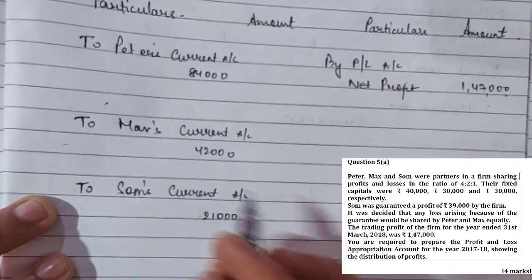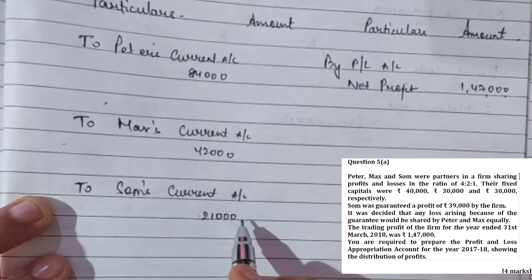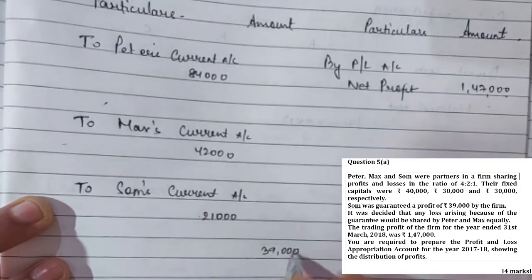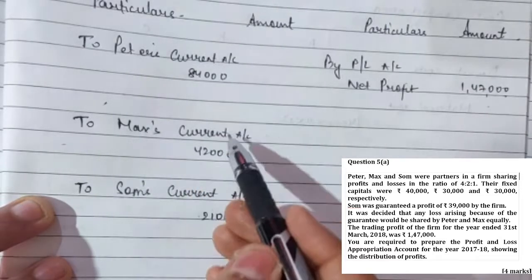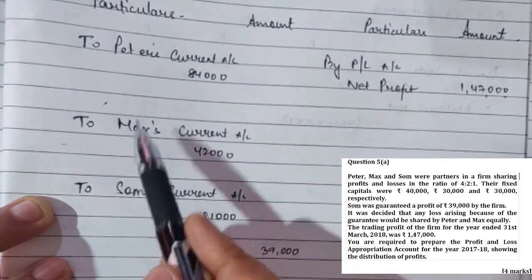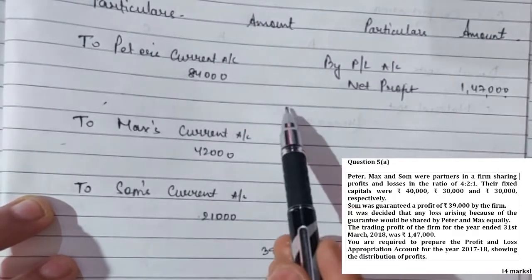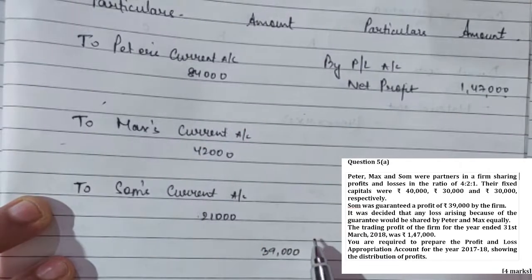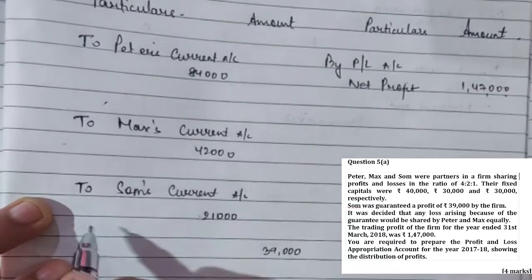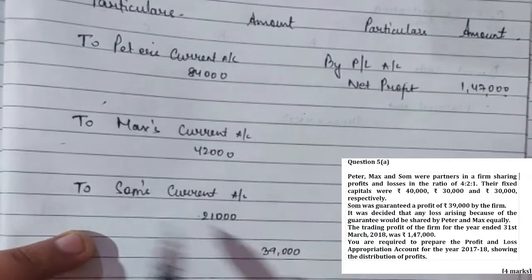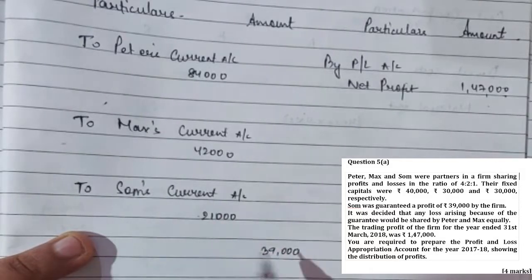It is mentioned that Som is guaranteed a total profit of 39,000 rupees. We've kept all these three figures in the inner column because after doing the adjustment, we will bring the final figure in the amounts column. Now we have a deficit of 18,000 in Som's profit share.